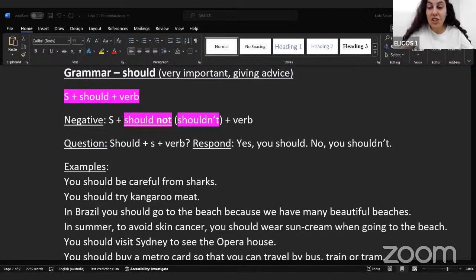For getting around, you should take a public bus called Mio, but it is very expensive. You shouldn't. So she's going to give you the negative by saying shouldn't. You shouldn't use illegal transportation, such as a motorcycle, because you can be fined.